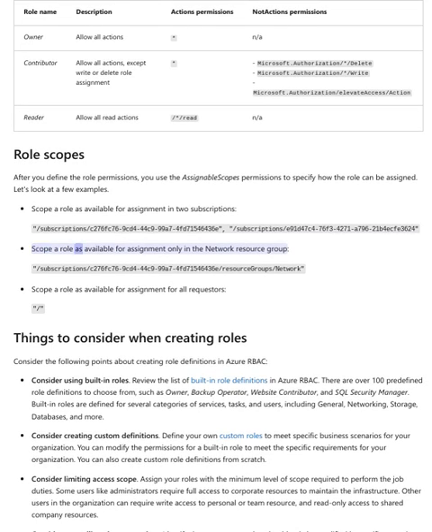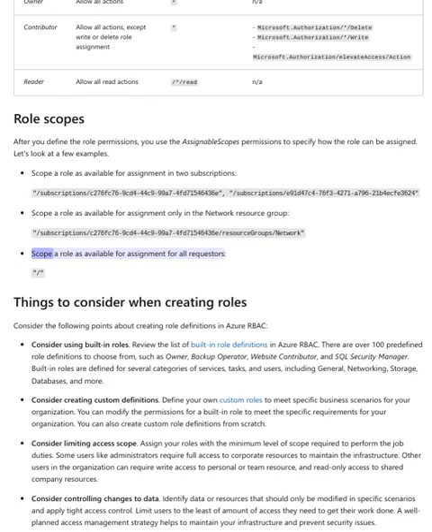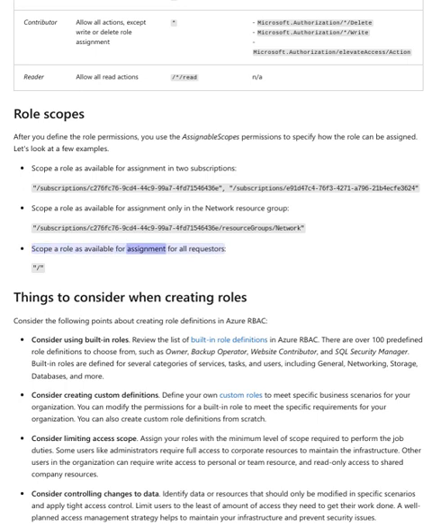Scope: a role is available for assignment only in the network resource group. /subscription/C276FC769CD444C999A74FD715464336E/resourceGroup/network. Scope: a role is available for assignment for all requesters.